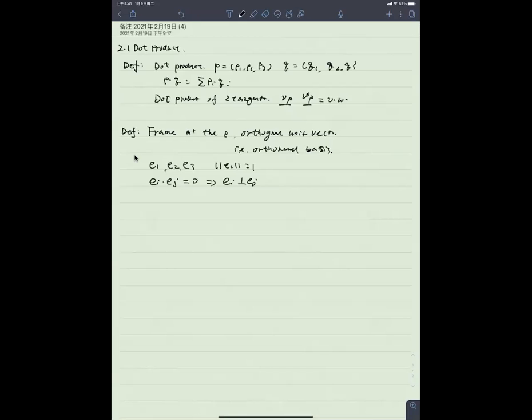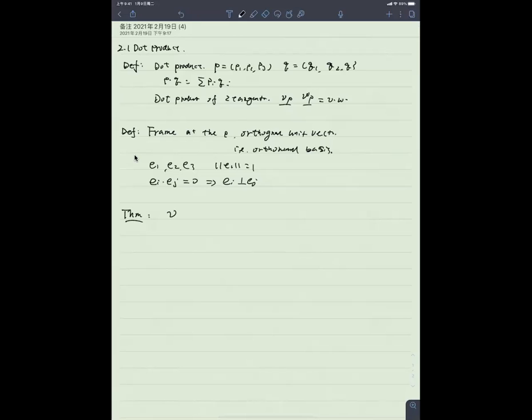Then we need to state a very important theorem: how we can express any vector as a linear combination of its frame. This theorem is very important.